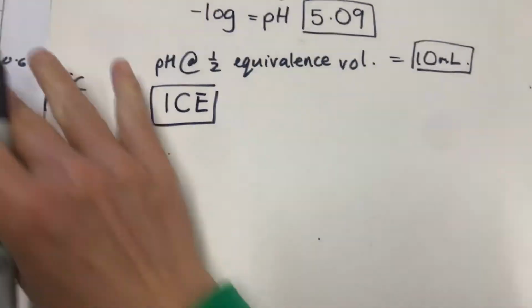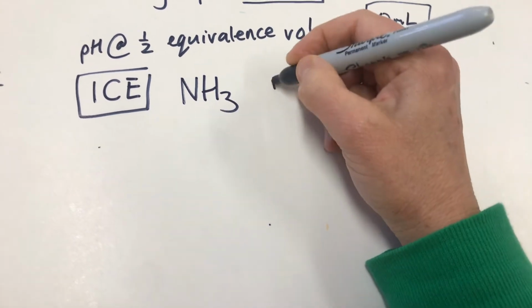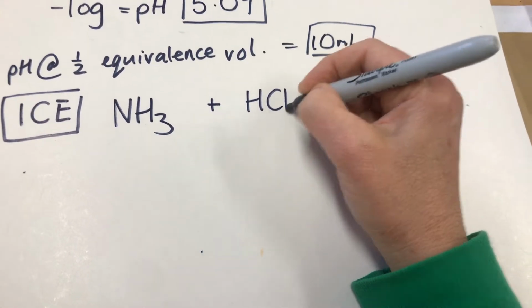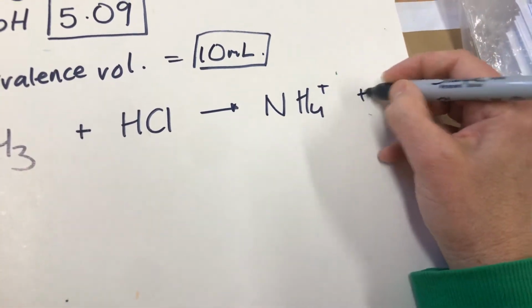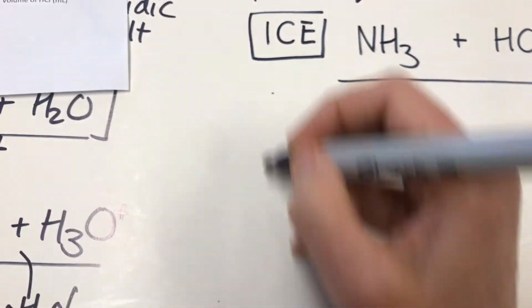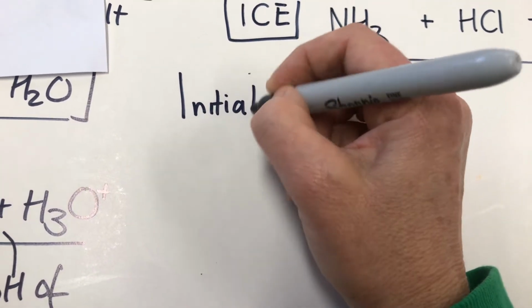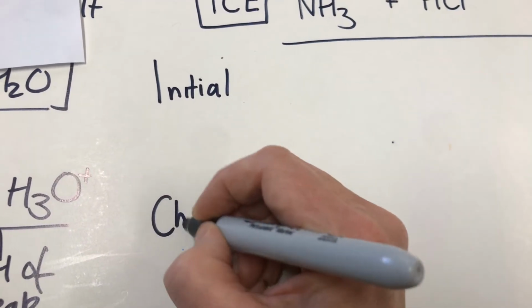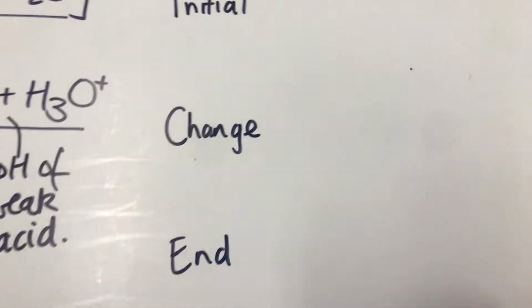All right, so here's our titration. It's NH3 plus HCl goes to NH4 plus Cl minus. And I'm going to go down here, I'm going to go initial, that's my I from ICE, and then I'm going to go change, that's my C from ICE, and I'm going to go end, that's my E from ICE.